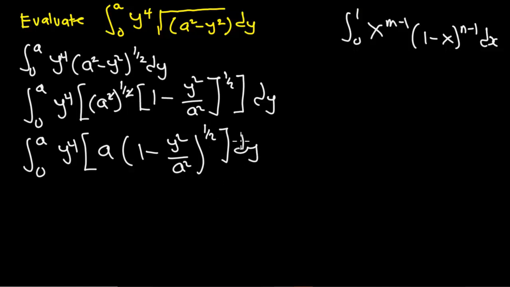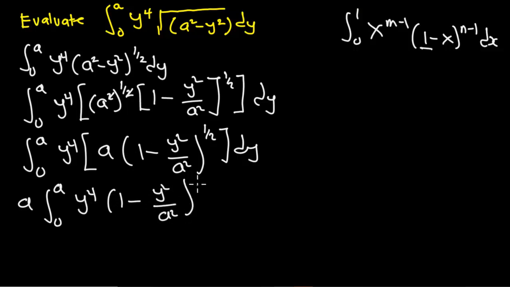Since we are integrating with respect to y, a becomes a constant, so let's move a before the integral sign. We are going to have a multiplying the integral from 0 to a of y to the power 4 multiplying 1 minus y squared all over a squared to the power half dy. So now we have the one that we want.